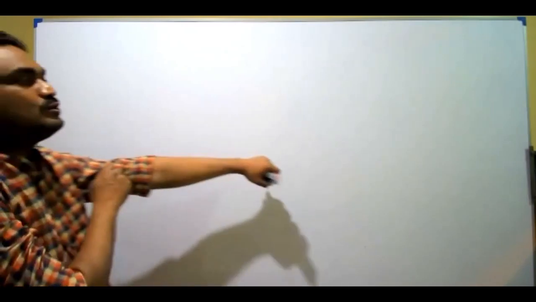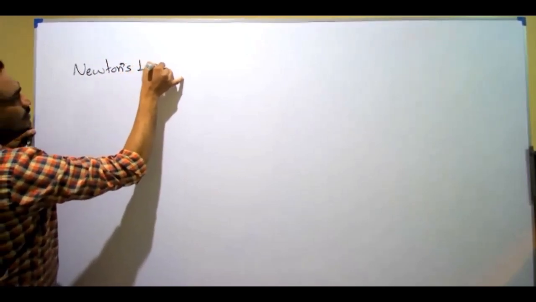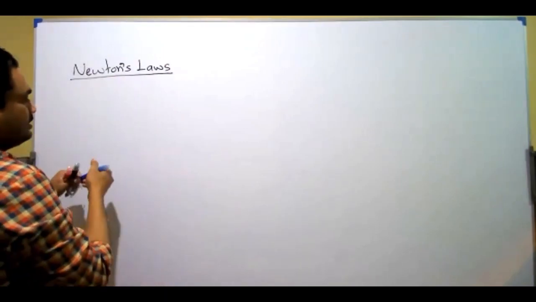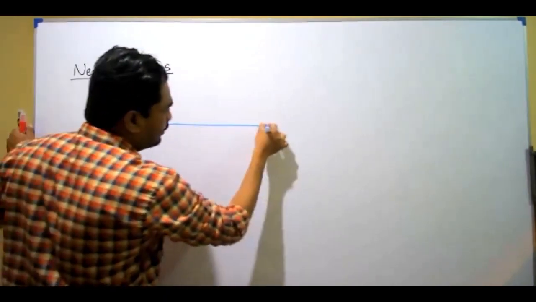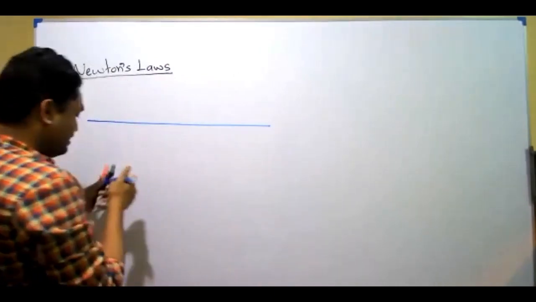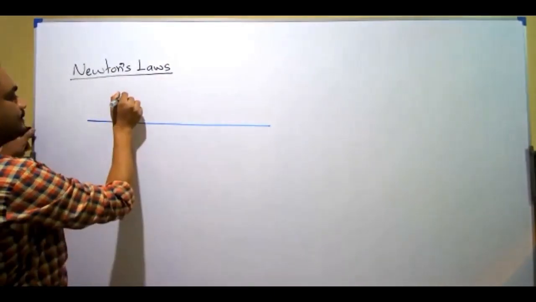Right. Before I start the new section, I want to check whether you remember Newton's laws of motion, because here we need them. For example, check whether you remember this part. Newton's laws, right? Let's say there is a horizontal surface, and let's say there are two blocks.